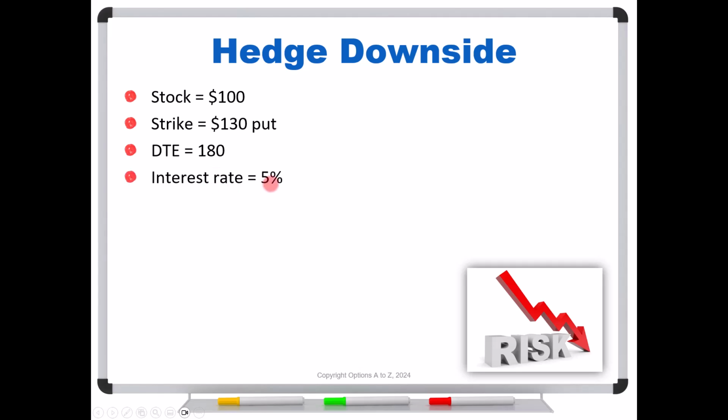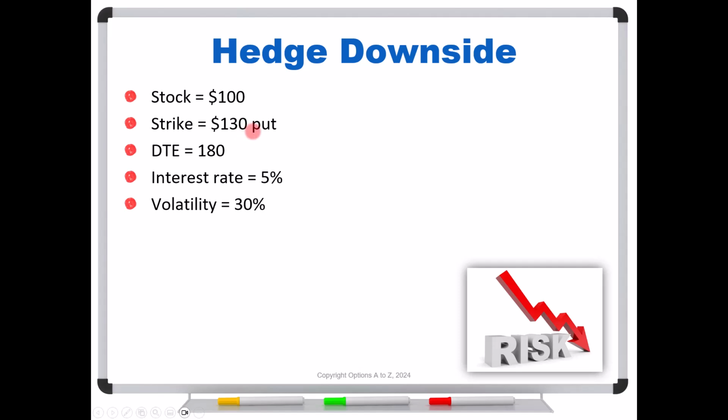Risk-free rate will keep at 5%. Volatility will keep at 30%. What do you suppose happens to your probability of going in the money now? Because remember, you have a synthetic call option. You have stock plus a put. So this is mathematically the same thing as a 130 call.